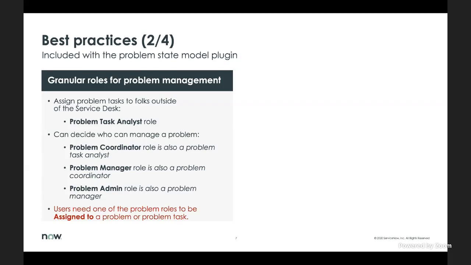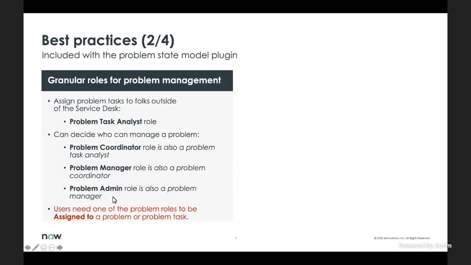Then we've got some other roles as well that build on top of these. So you've got the problem coordinator, who is also a task analyst, but they can also manage a problem. So you need to be a problem coordinator to be assigned to a problem with the problem state model. We've then got the problem manager, who is a coordinator as well, and they can actually modify the properties for problem management.